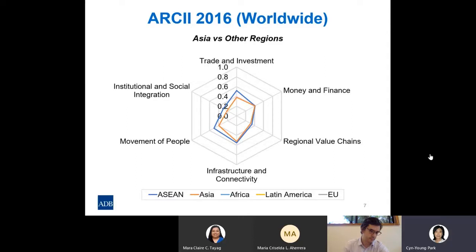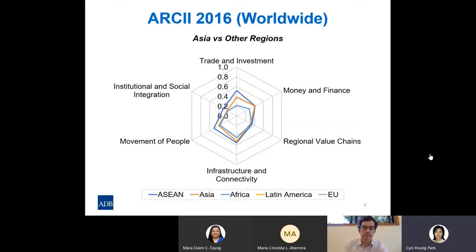Compared to ASEAN, Asia also shows fairly strong regional cooperation in trade and investment, especially infrastructure connectivity, and also the movement of people.